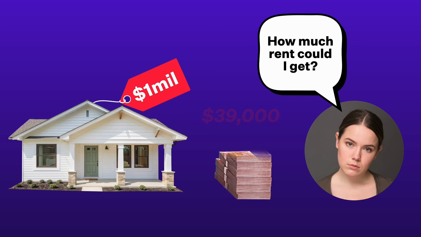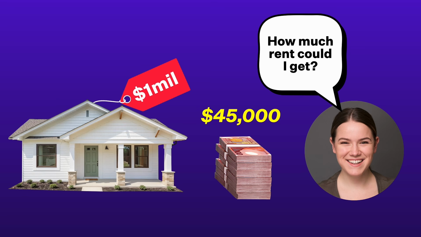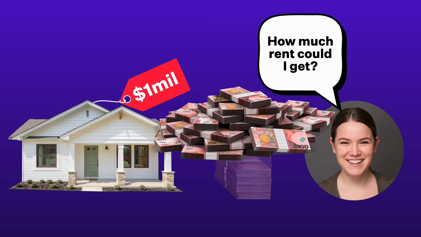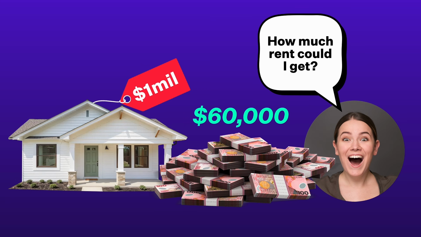But the real number is closer to $45,000. So that's an extra 6 grand a year that you didn't know you could be earning if you were evaluating rental properties. Over 10 years, that adds up to $60,000 that you could have potentially left on the table because the data was wrong and so you bought a below average property.